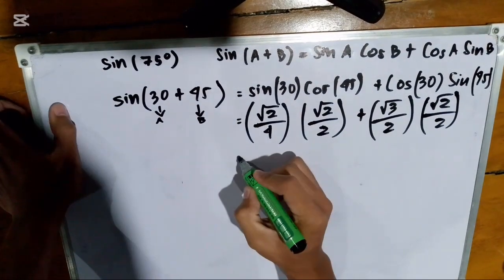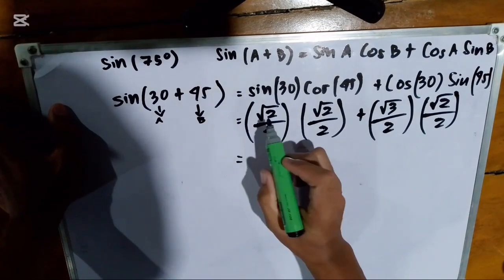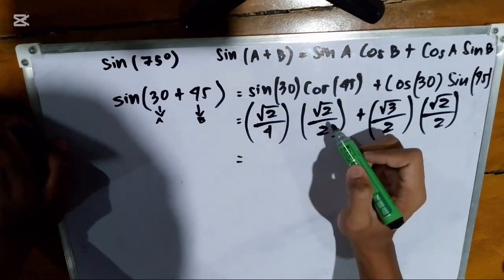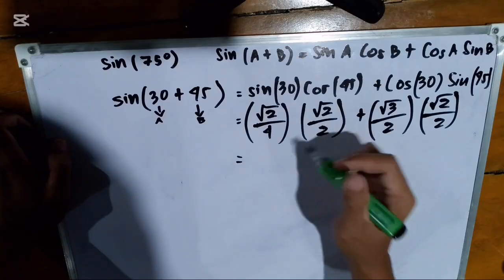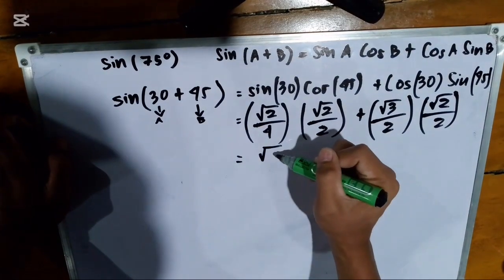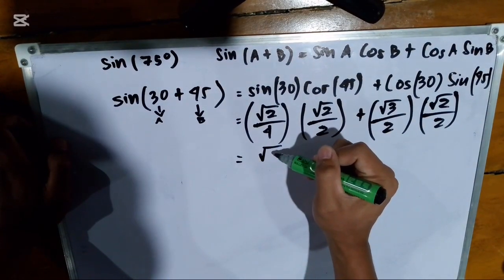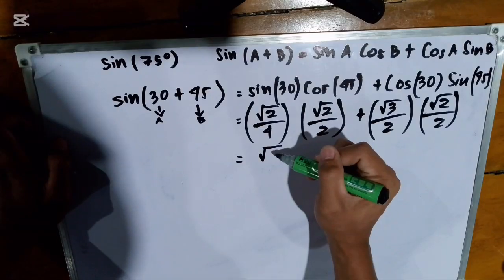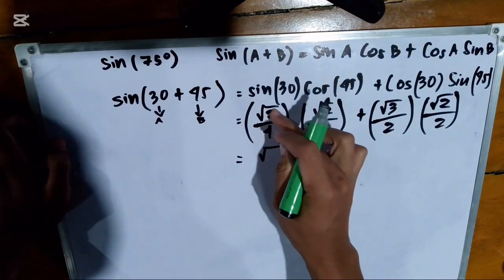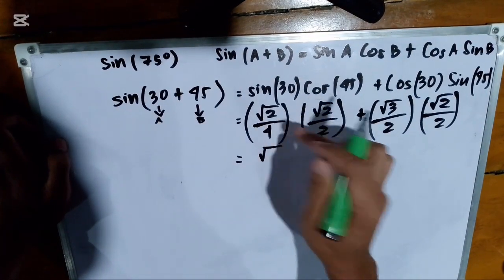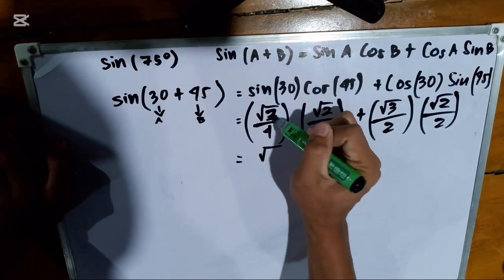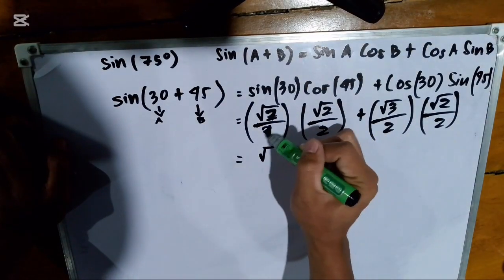Now let's start multiplying this root 2 over 4 and root 2 over 2, and the answer will be, or rather, this is 1 over 2.